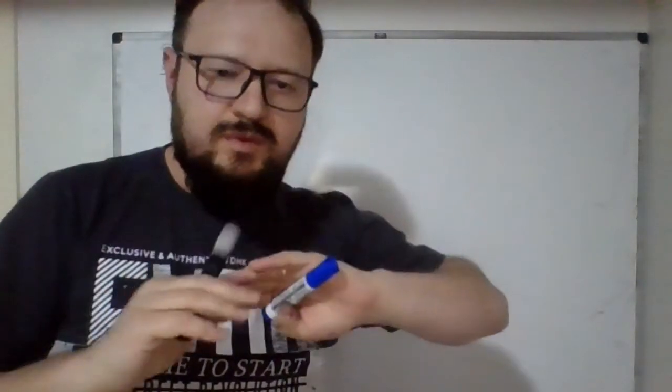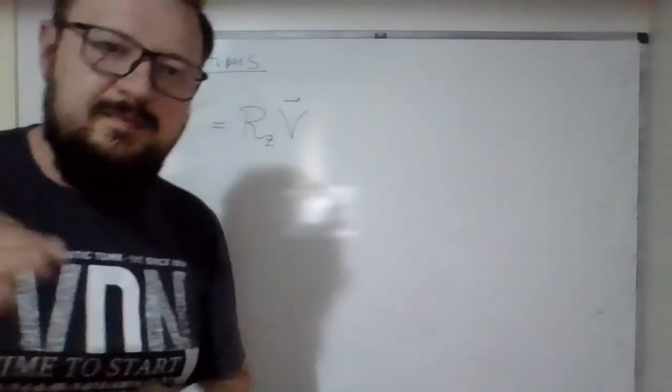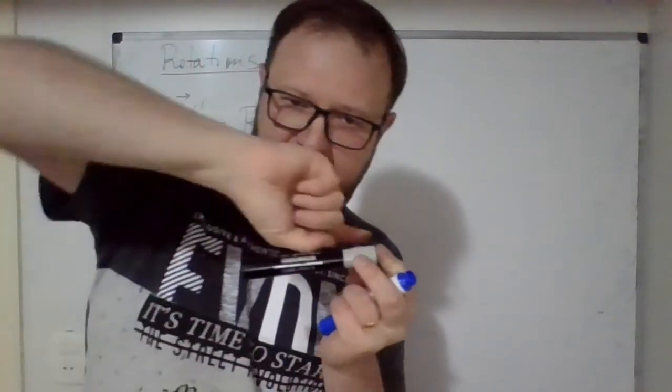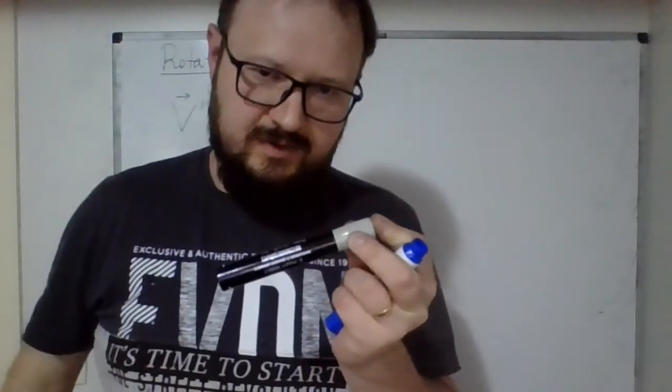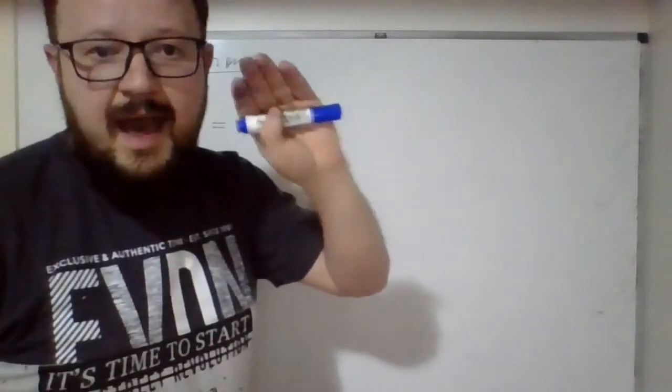In the active viewpoint, you consider the coordinate system unchanged and the object rotates, the vector rotates. In the passive viewpoint, it is like you are moving with the vector and the coordinate system rotates in the reverse direction. But we will adopt here the convention of active rotation.